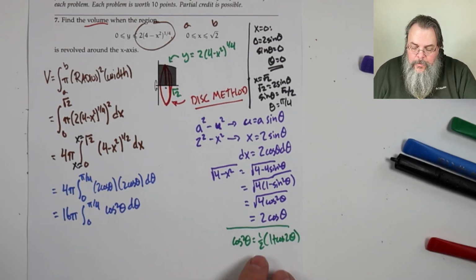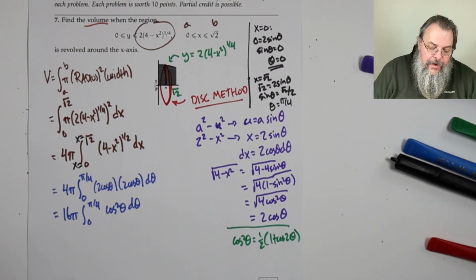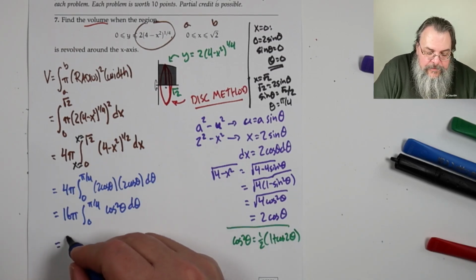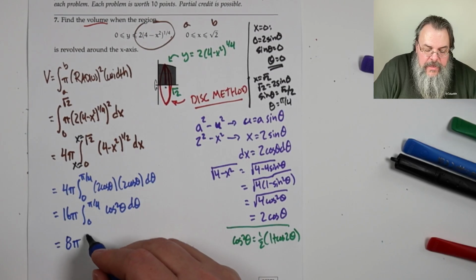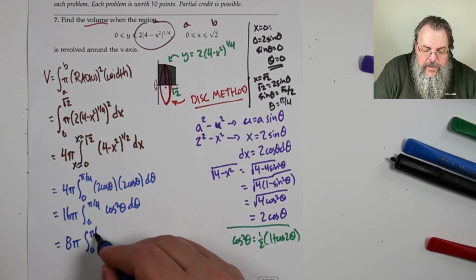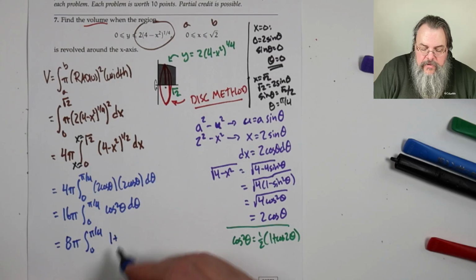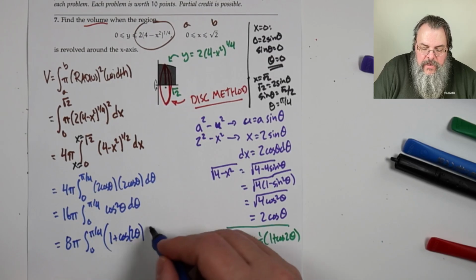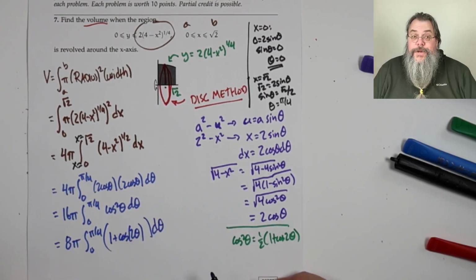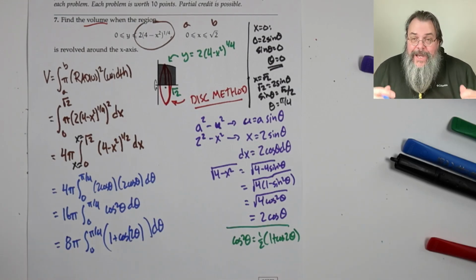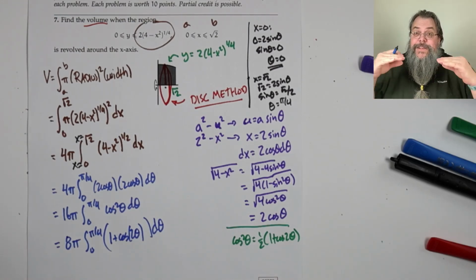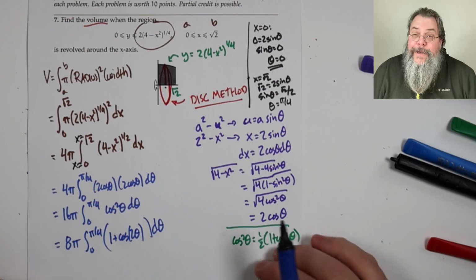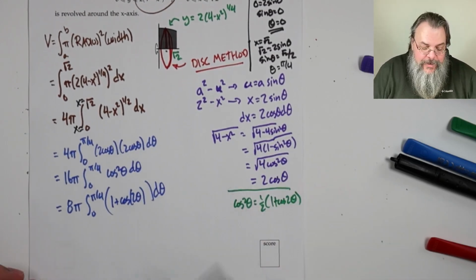We'll pull the 1/2 out. 16 pi times 1/2 makes 8 pi. Then we have the integral from 0 to pi over 4 of 1 plus cosine 2 theta. All right, we're doing great. We're almost done, because these are things we can integrate, and we like that.